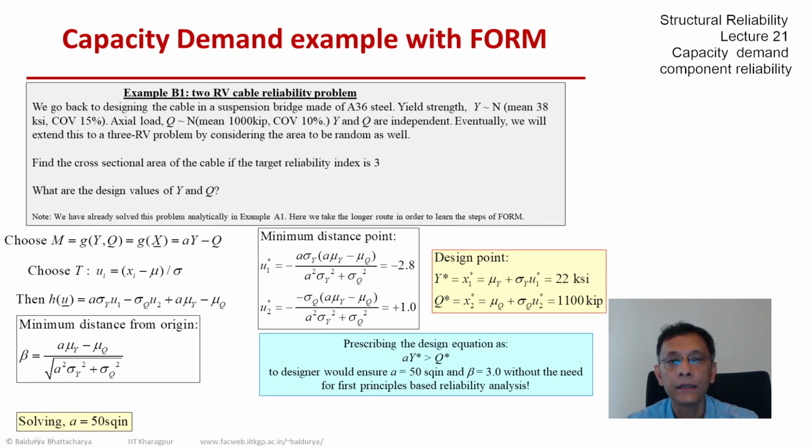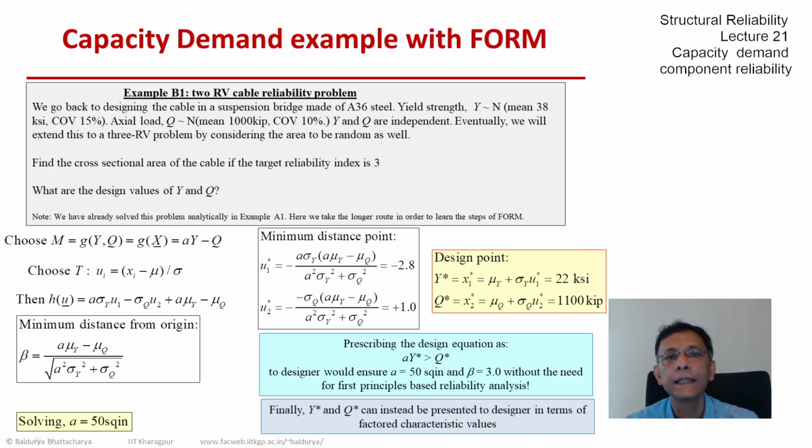All I have to do is tell the designer that these are the design point values. This way, without even doing reliability analysis or knowing the steps, this design equation would ensure that a beta of 3.0 is observed. So this is an indirect way of achieving a reliability index in design, when the designer does not necessarily need to know the background reliability analysis process, but a design equation, if formulated properly, can ensure that.